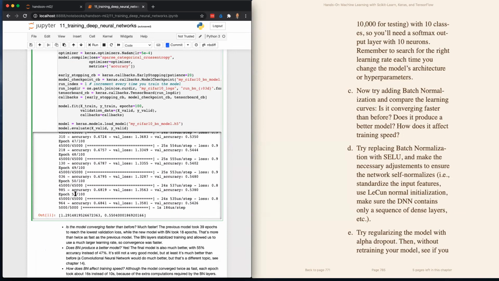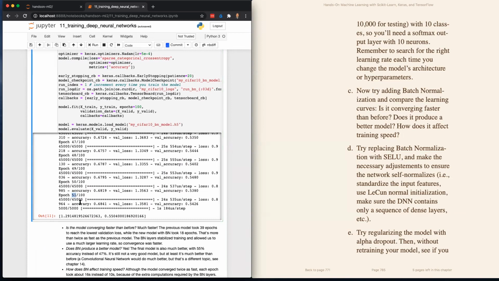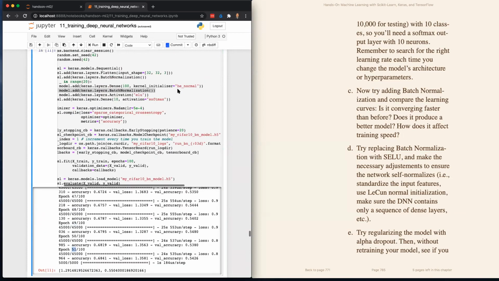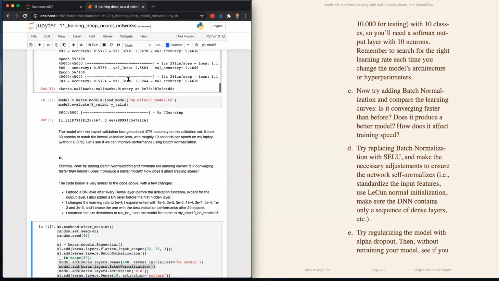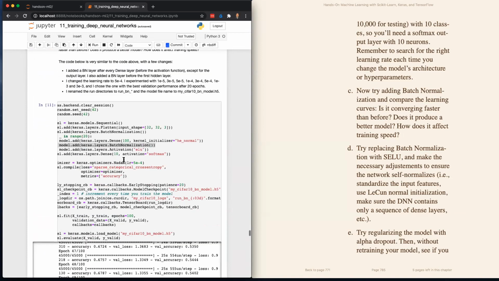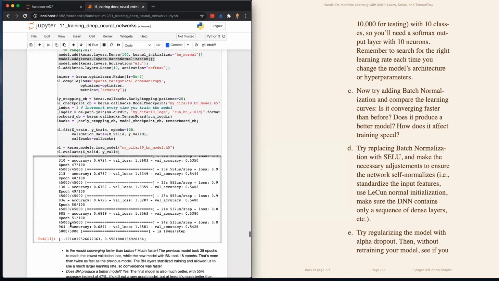He says it finished a bit early, but for me it's the same. The first one last was 56 epochs. This finished around the 51st epoch, so about 5 epochs before. If we step back 20 from 56, around 36 or 35, that's where the first one reached the saturation point.